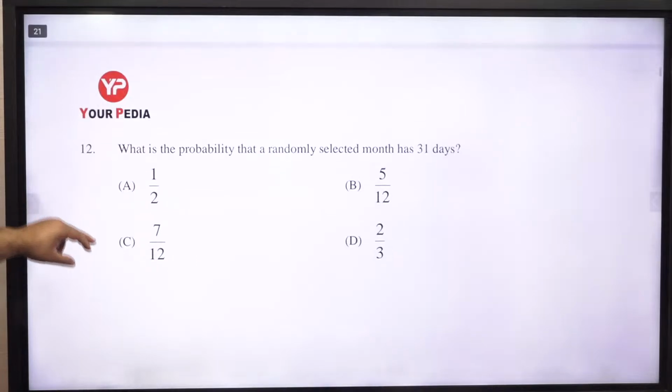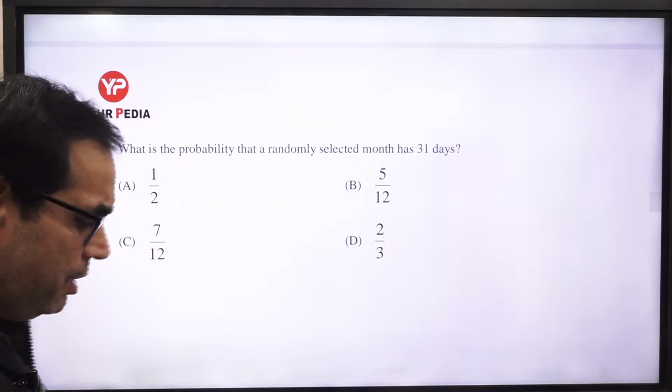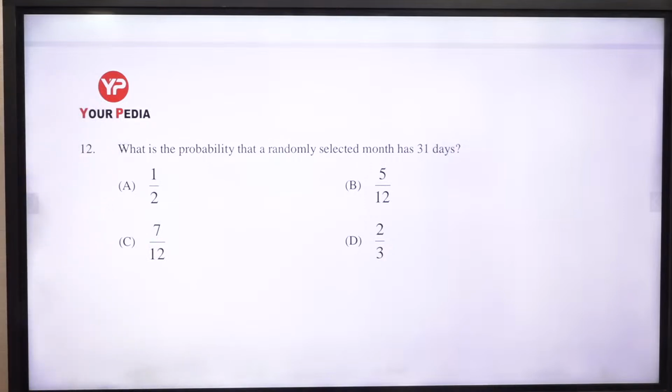So what is the probability that a randomly selected month has 31 days? So tell me the answer, all of you. क्या आंसर होगा इसका प्रोबेबिलिटी का? प्रोबेबिलिटी से क्वेश्चन आपको मिल सकते हैं एग्जाम में, ठीक है. What is the probability that a randomly selected month has 31 days?